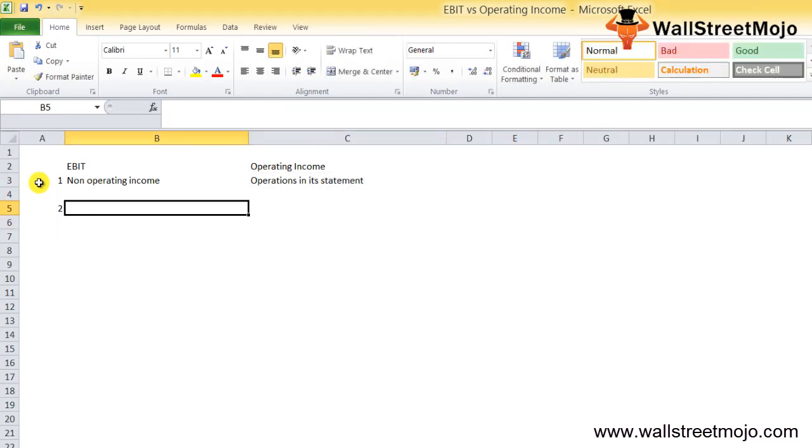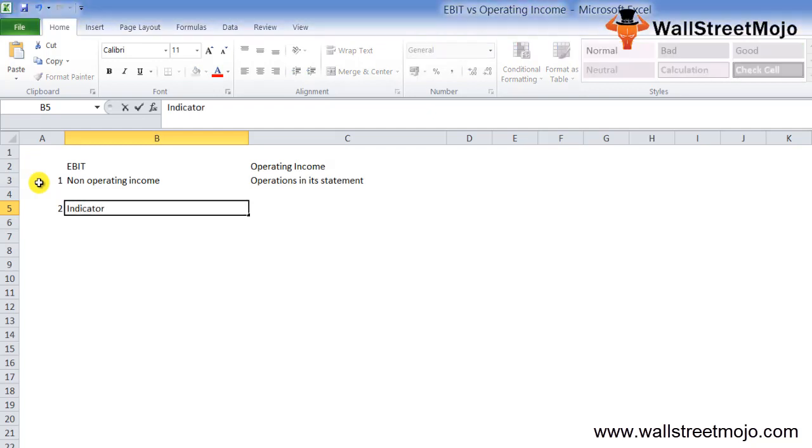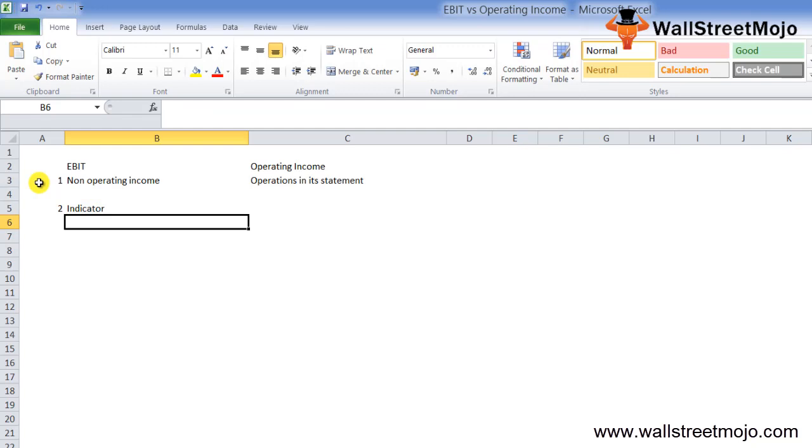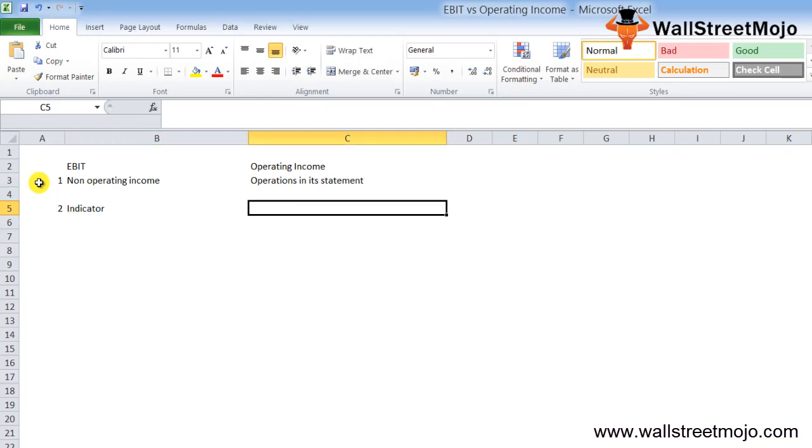Second, EBIT is used as an indicator to find out the total profit-making capability of the company. So if the company or the investor wants to know about the profit the company is making, the statement can be used. On the other hand, operating income is used to find out how much of the company's revenue can be converted into profit.